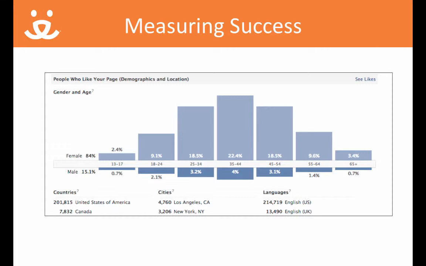Typically, photos and videos tend to do better. The caveat with videos is that they tend to do better if they're directly uploaded. Facebook dings you for linking to a YouTube video because it's a Google product and it's taking you away from the Facebook page. So they don't want you clicking off of Facebook, they want you staying on Facebook.